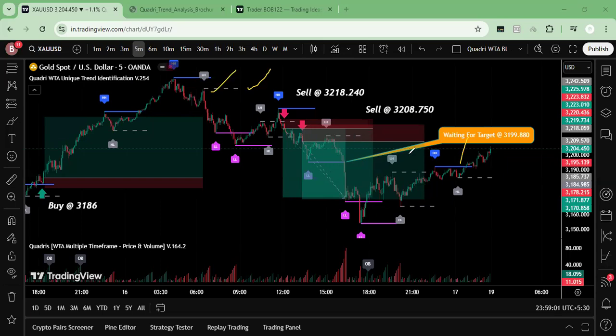This is a very unique way of doing trend analysis, and everything is measured in proper proportion. For example, if a pullback has to happen, where it should be and how much it should be, and if it is deviating from that particular price level, why, and then what should be our next move.